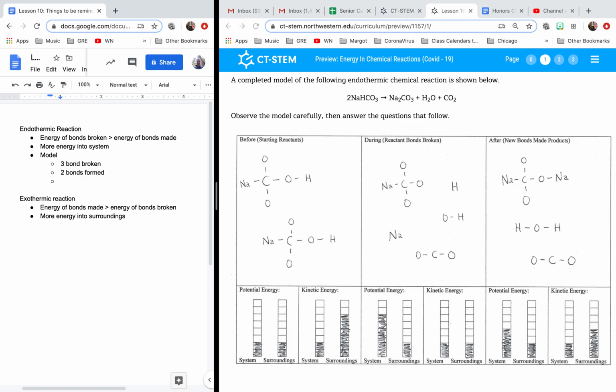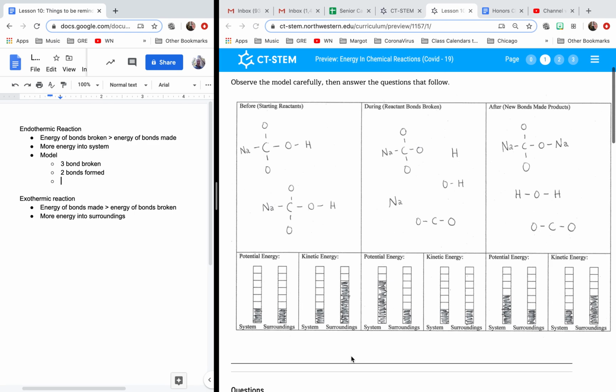And then with my energy, looking from the before to the during, you can see that I have energy going from kinetic energy in the surroundings to potential energy in the system. And then we have potential energy in the system going to kinetic energy in the surroundings.